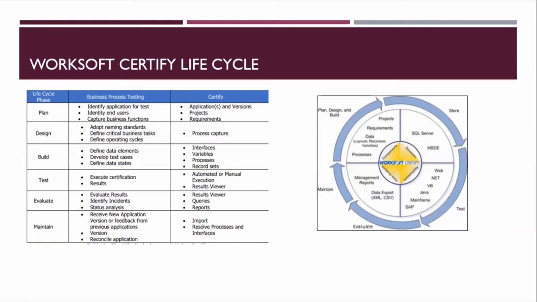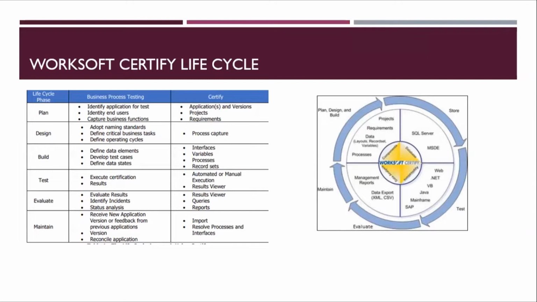Okay. So as every application has a life cycle, even in Worksoft Certify, we have a life cycle for each test case. So we have overall 6 phases: plan, design, build, test, evaluate, and maintain.